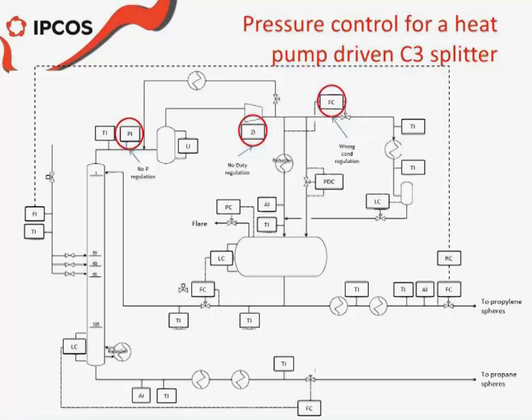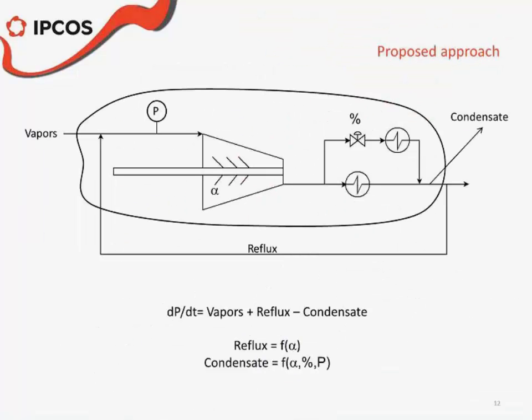And if you look at that using the same approach, then you can see that if you write down the material balance, the reflux will still be a function of the inlet guided vanes position, but in this case the condensate, which is nothing different than the reflux, will be a function of the inlet guided vanes and the pressure, but will also be a function of how much you let the vapors go through the auxiliary condenser.